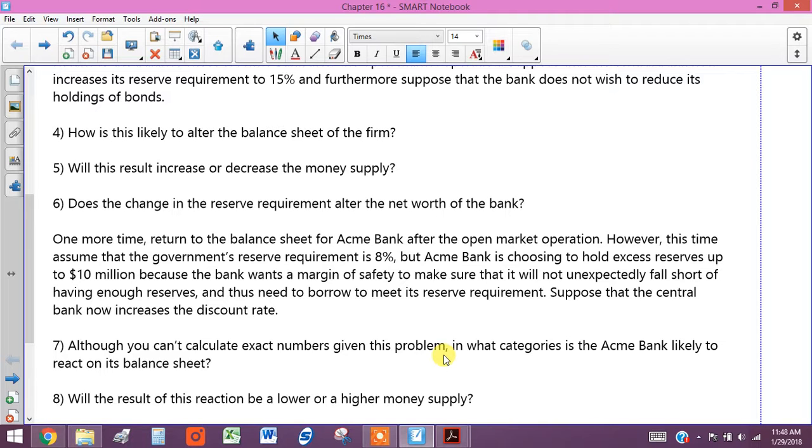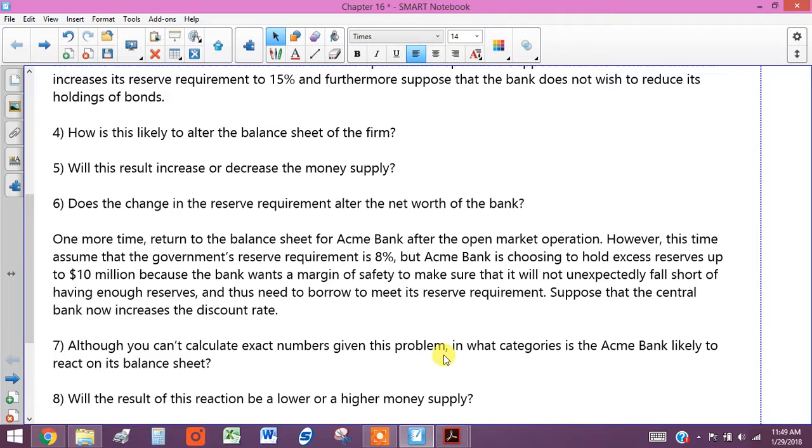Suppose on top of all that the central bank increases the discount rate. So how is Acme Bank going to react now in terms of its balance sheet?